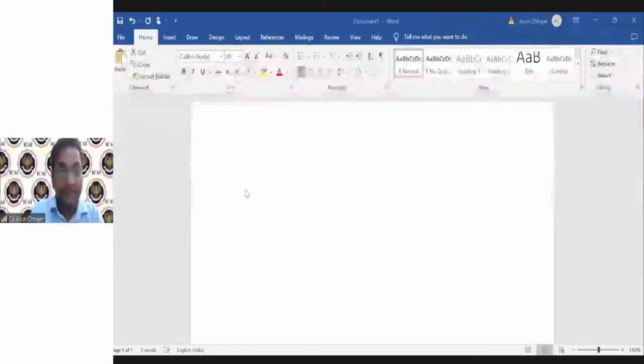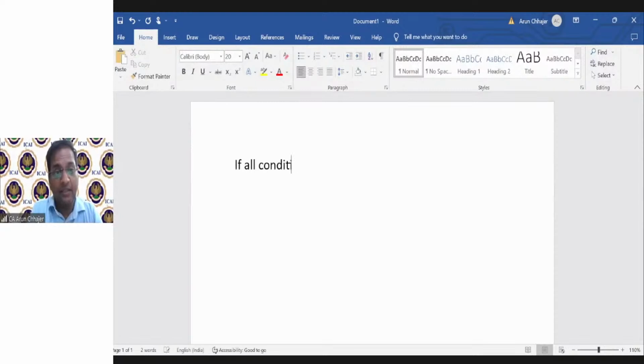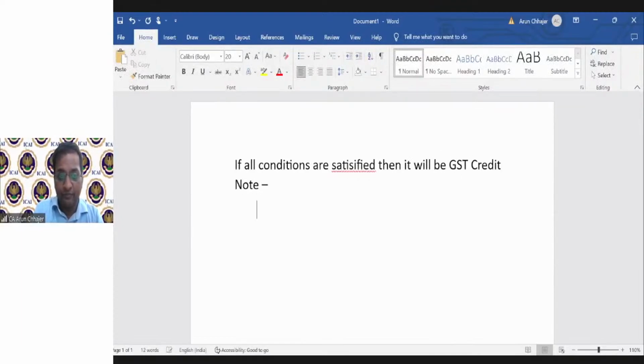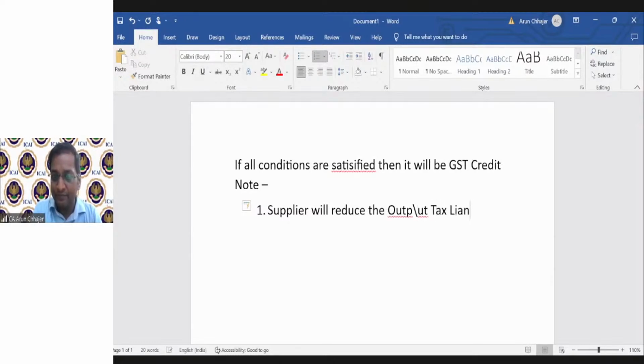So I can say, situation number 1: if all conditions are satisfied, then it will be a GST credit note. The supplier will reduce the output tax liability and the recipient will reverse the ITC.